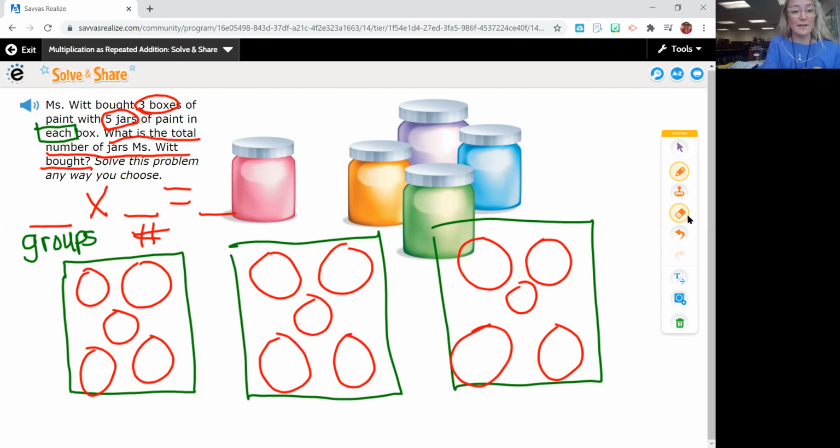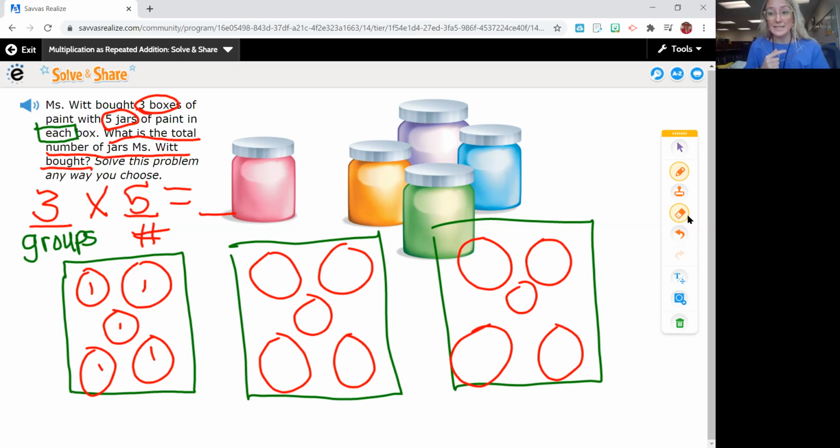I have 3 boxes. As I'm writing this out, I want you to be writing this on your paper or on your Classkick as well. And now I need to think, how many are in each one of those groups? I can count 1, 2, 3, 4, 5. There are 5 in each group.